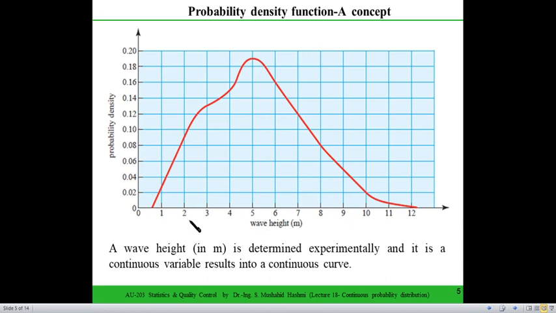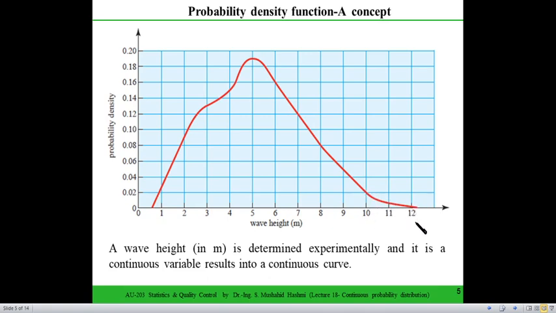So here the height of a wave would be considered a continuous random variable, because it can take any value from 0 to 12 or 15, or it can go up to 20, but there is a very small, nearly 0, probability of getting a wave of height 11 meter or 12 meter.